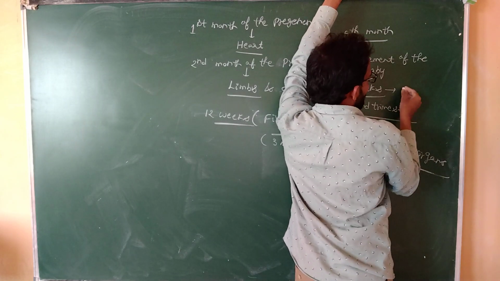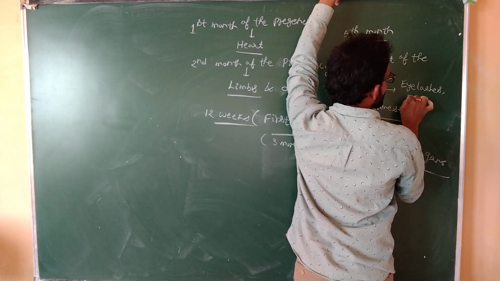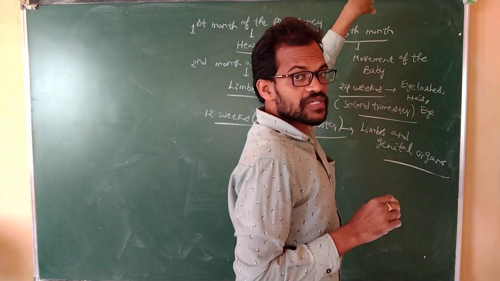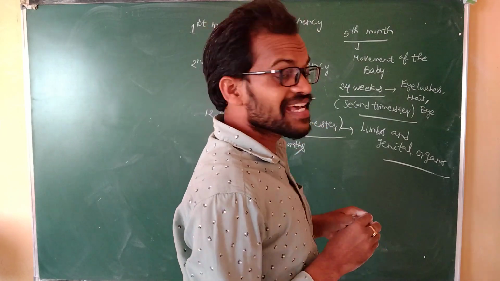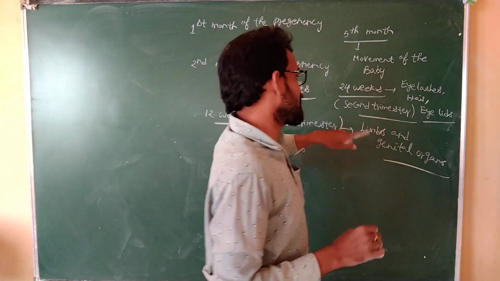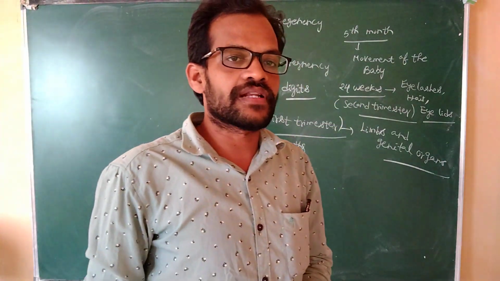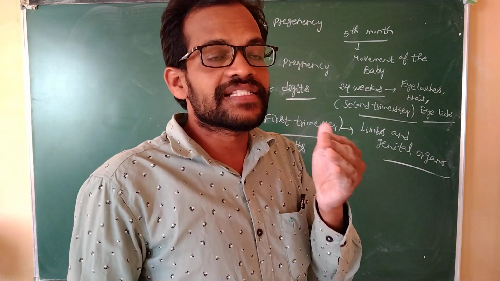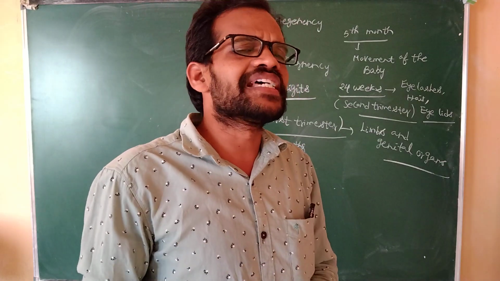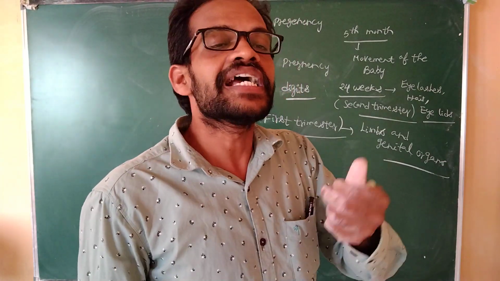The eyelashes, eyebrows, and eyelids are formed, and the eyelids open. After the sixth month, in the seventh, eighth, and ninth months, the remaining organs are formed, and the gestation period is completed.